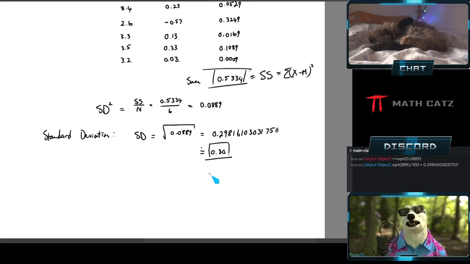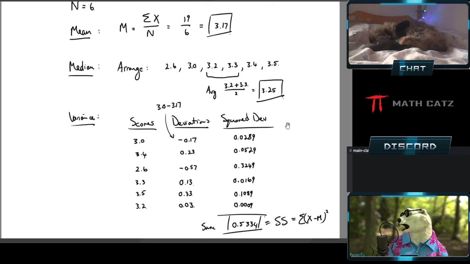But be aware when I can round. Even if I present my answer as 0.30, if I were to use the standard deviation in a further calculation, don't use this, use the precise value. Okay. Be aware of that.